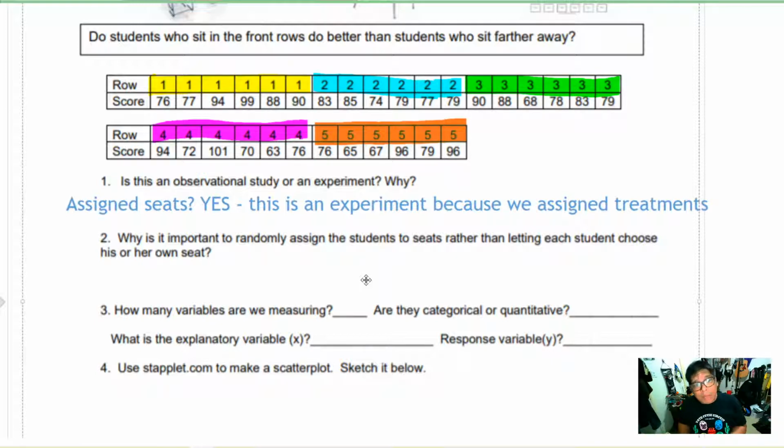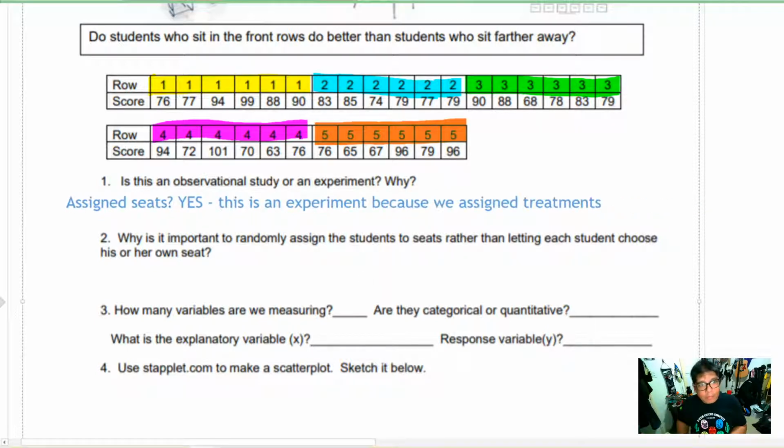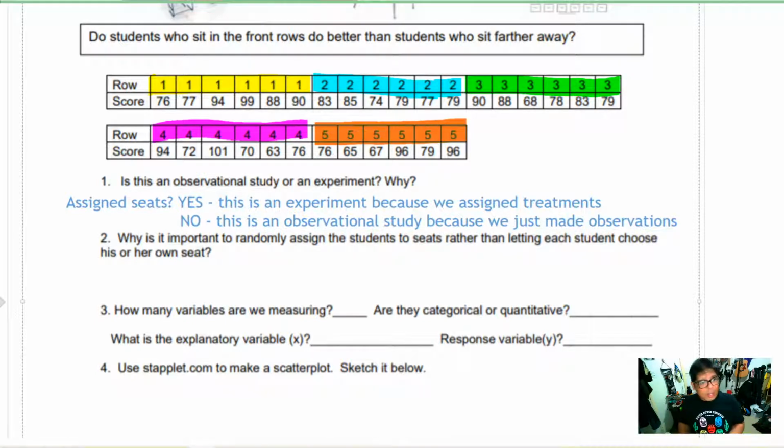So treatment group 1 would be row 1, treatment group 2, row 2, etc., etc. But what if it was open seating? What if students just picked their own row? Then, of course, if it's not assigned seats, then this is just an observational study because we only made observations. We didn't make an attempt to assign treatments. So that takes care of our number 1.